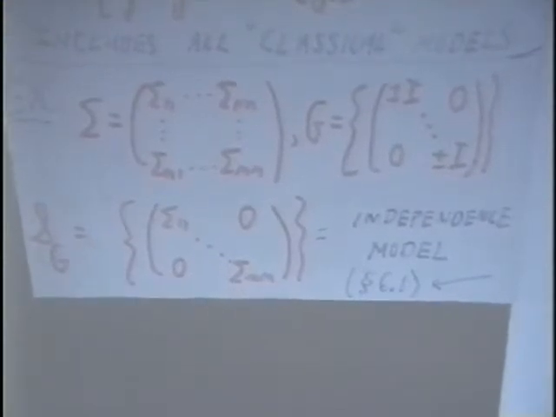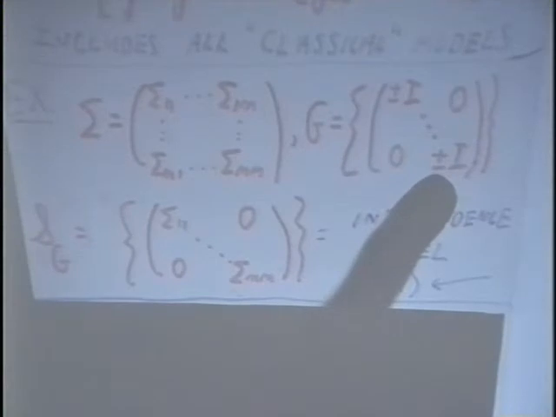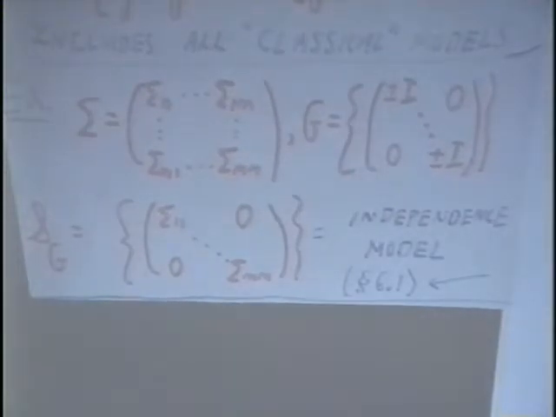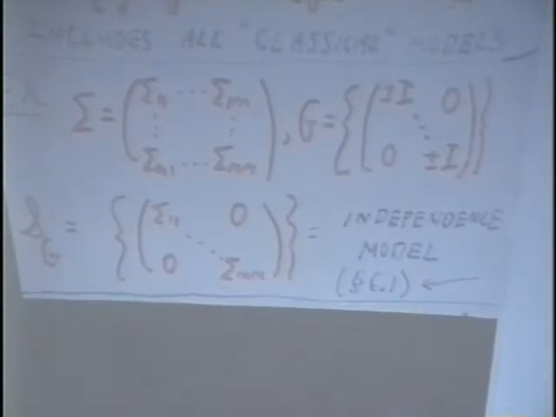Well, that arises as a reflexive or symmetry model where the group G consists of all block diagonal matrices, 2 to the n of them, with plus or minus identity matrices down the diagonal. If sigma is preserved under G transpose for every such matrix, sigma must have zeros off the main diagonal. So the familiar independence model is a special case.